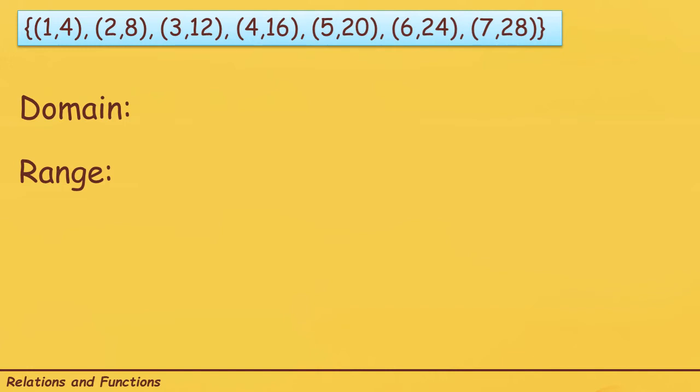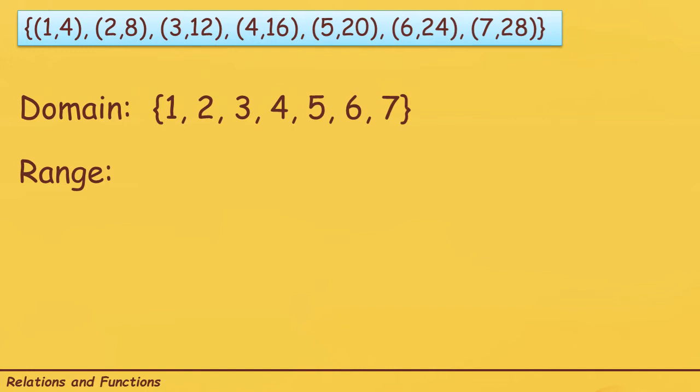Yung x ay x-coordinate, yun yung mga unang numbers sa ordered pairs. Tinatawag din natin yon na abscissa. So, kunin na natin ang domain. So, lahat lang ng nakikita natin na x-coordinates sa given. Ang x-coordinates sa given natin ay 1, 2, 3, 4, 5, 6, 7.